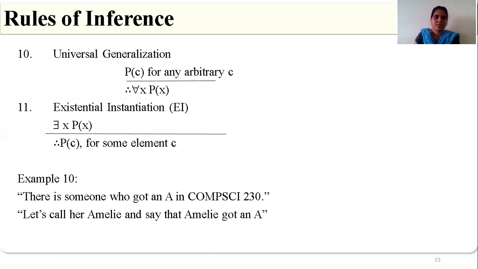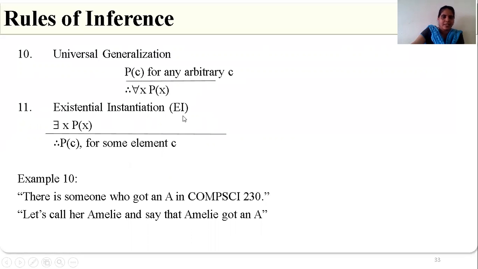Next, universal generalization. According to this, if P of c for any arbitrary c, therefore for all x, P of x. That means if a given rule is true for a single person or a single value, then it will be true for all the values which come under a particular domain.